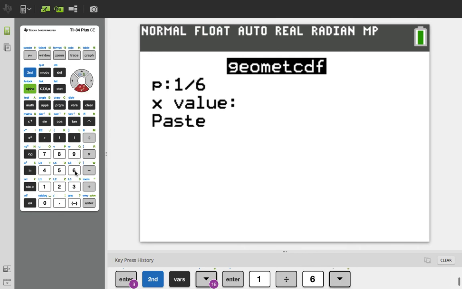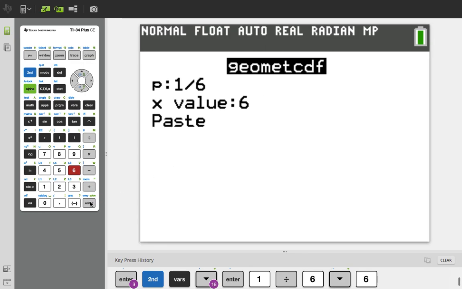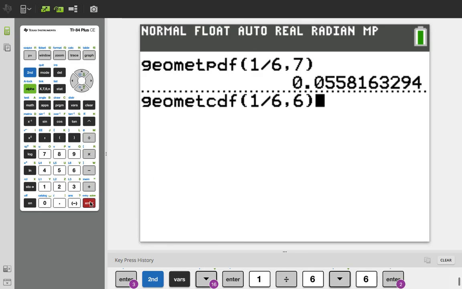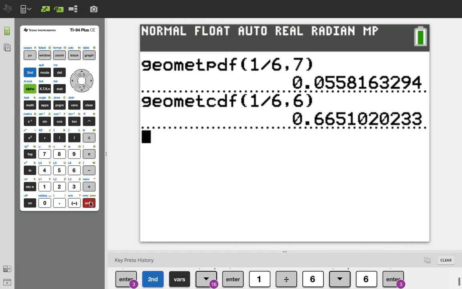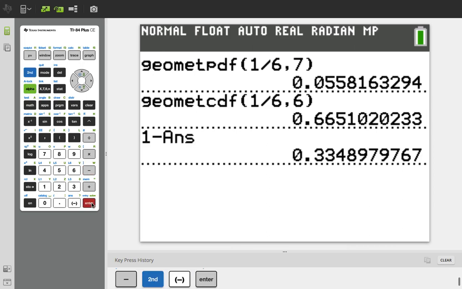CDF means cumulative, the C is for cumulative. And then we actually want 7 or more, that it was on the 7th or 8th or 9th or 10th, so we're going to do the complement. And then that's our answer.